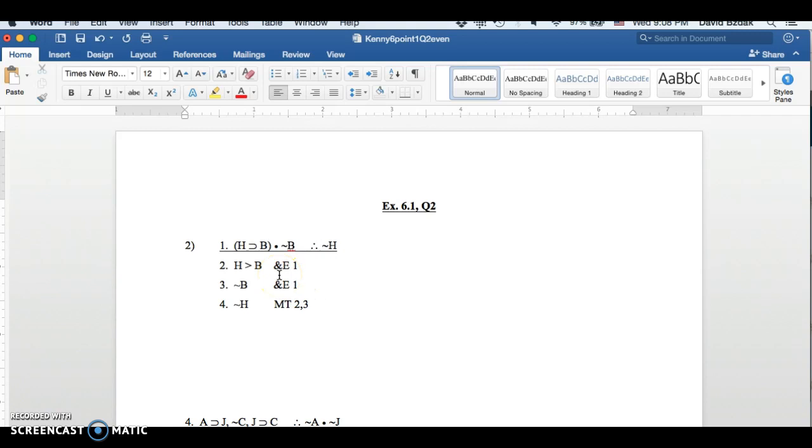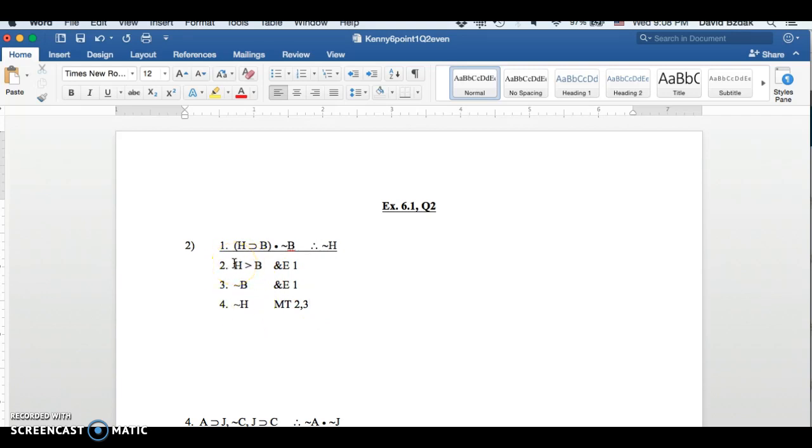So the modus tollens rule takes two inputs. It takes a conditional, like we have on line 2, and the negation of the consequent of that conditional. So since B is the consequent, we need also to get not B. So those are the inputs. Two inputs means you should always have two numbers after the rule. And the output we get is the negation of the antecedent.